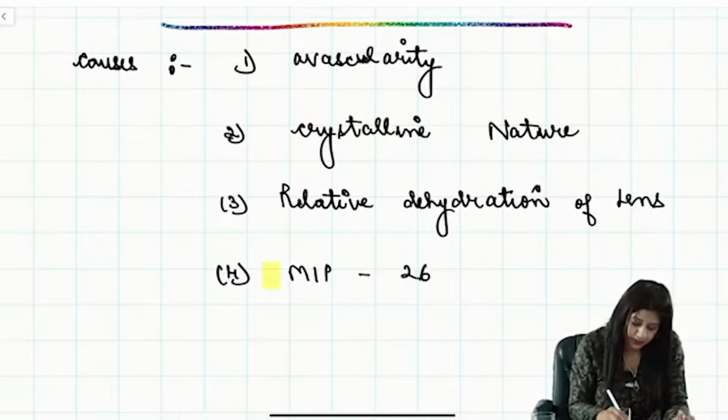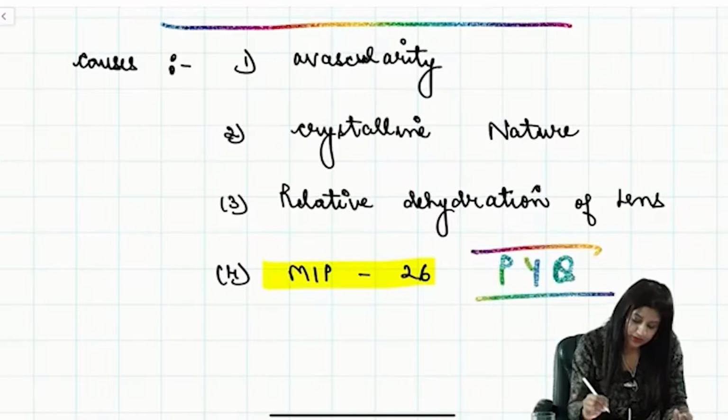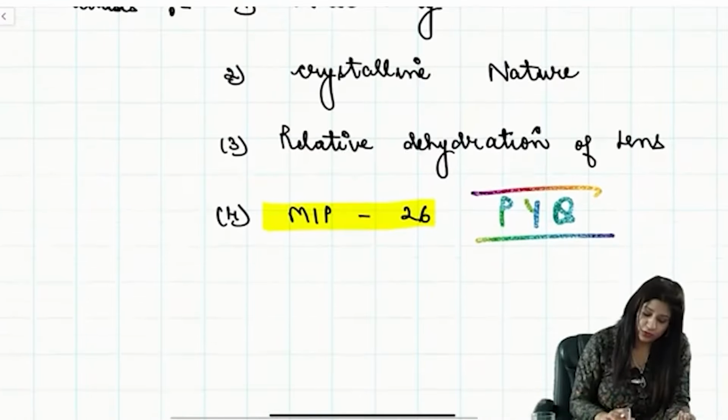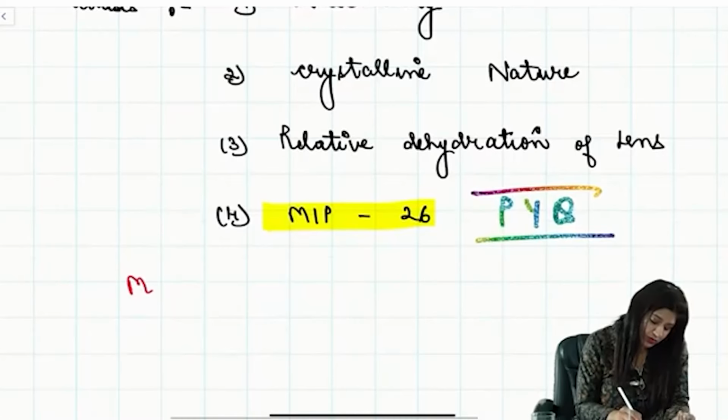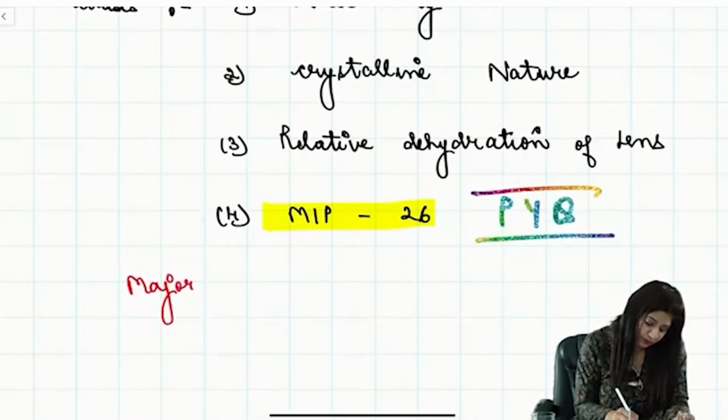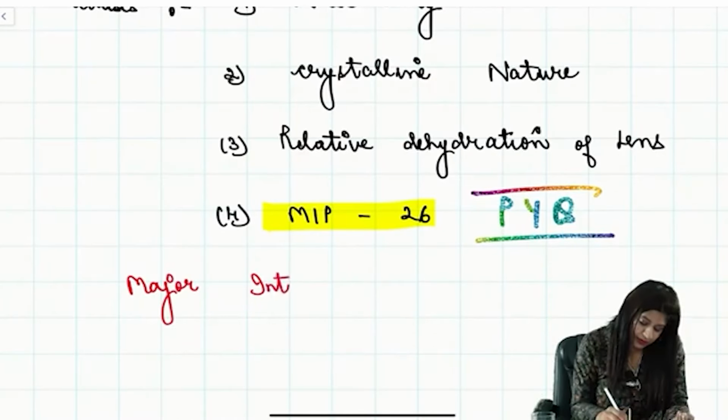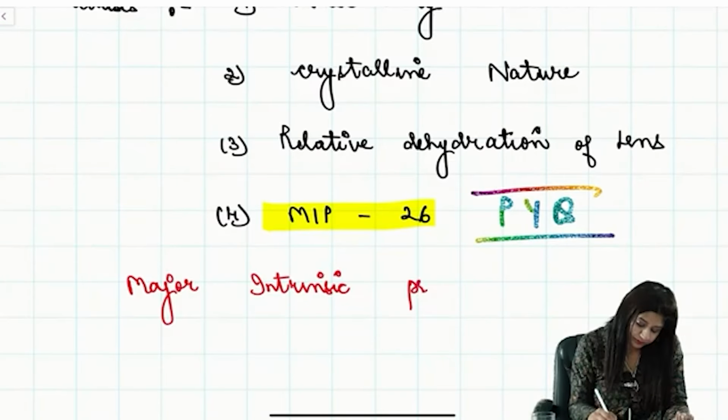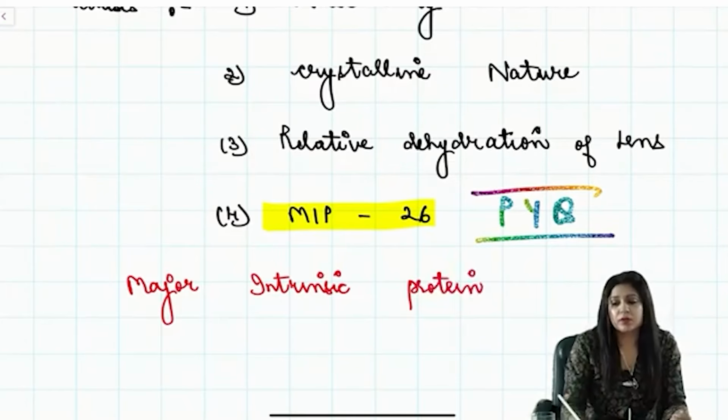What is MIP26? Major intrinsic protein. This is also a PYQ, major intrinsic protein. So this is one aquaporin which is also responsible for maintaining the transparency.